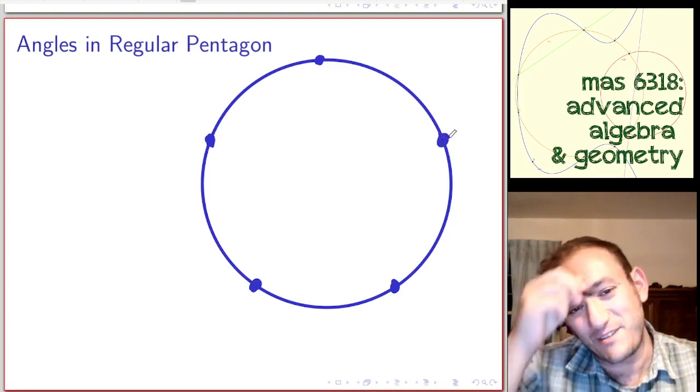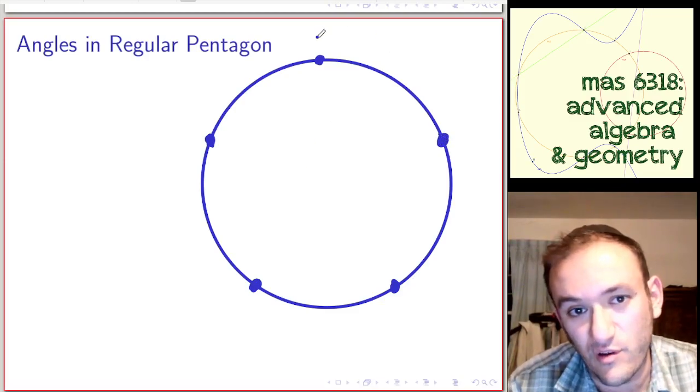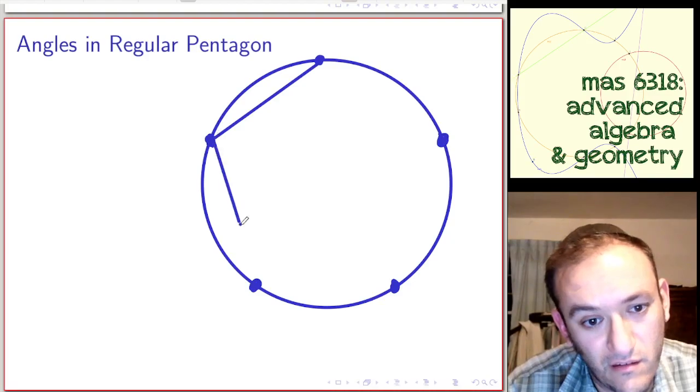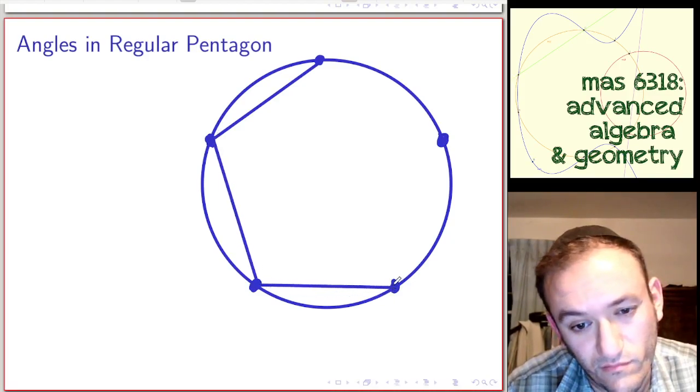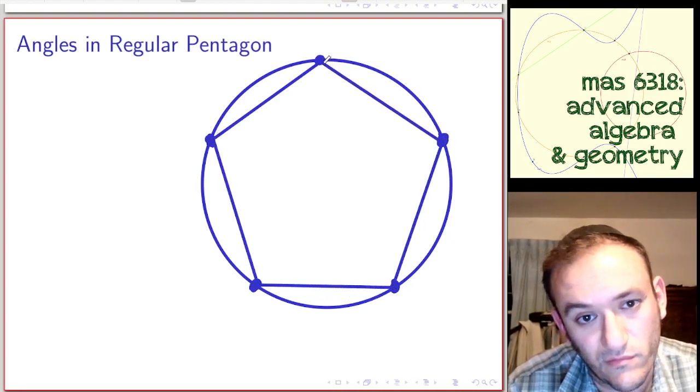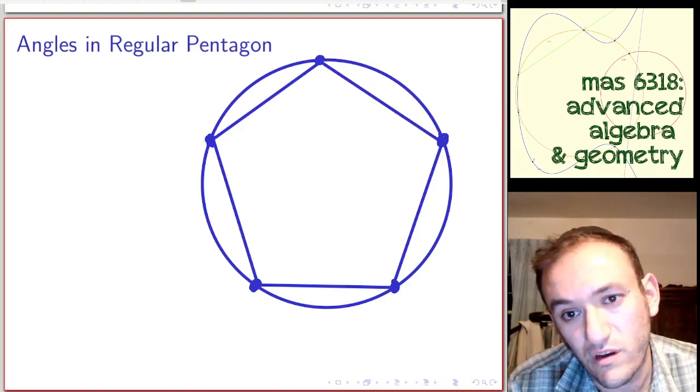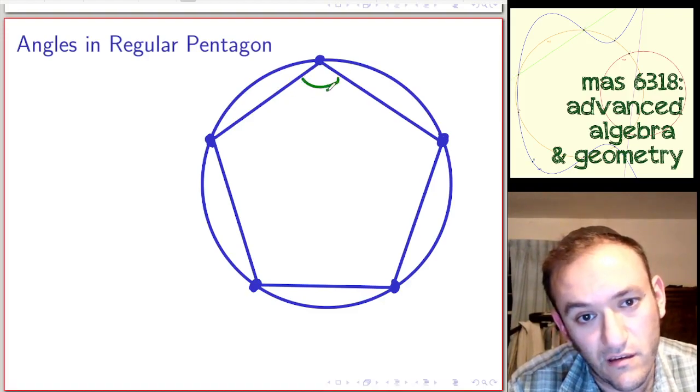But let's continue this way, approximately evenly spacing these. Okay, so what does one of these angles look like?